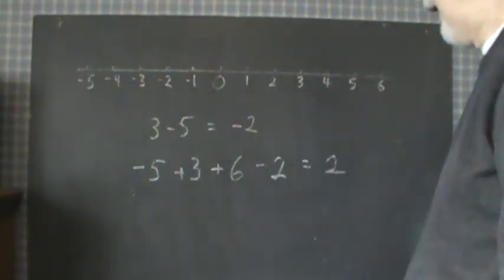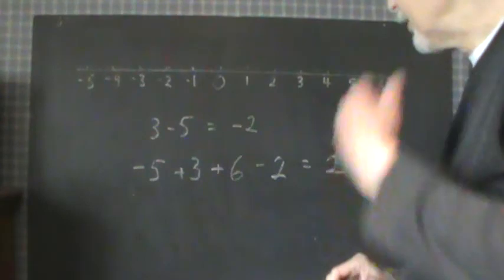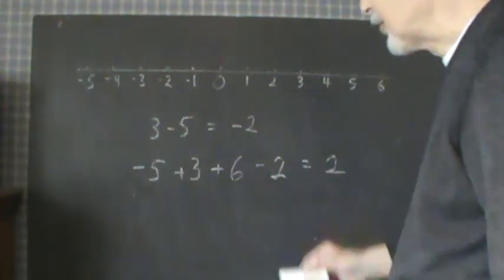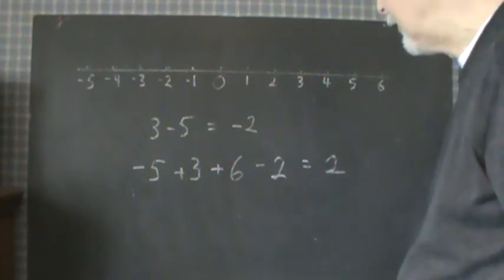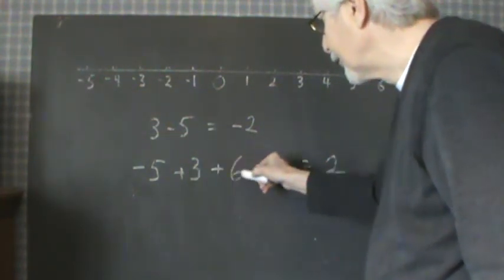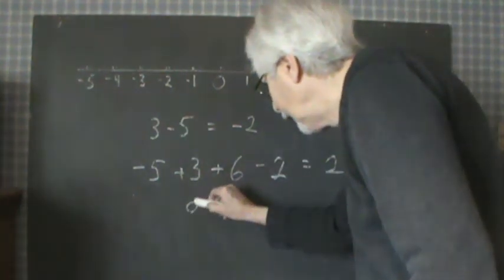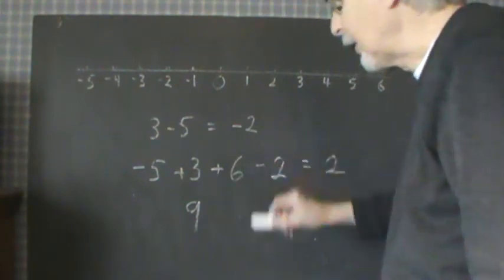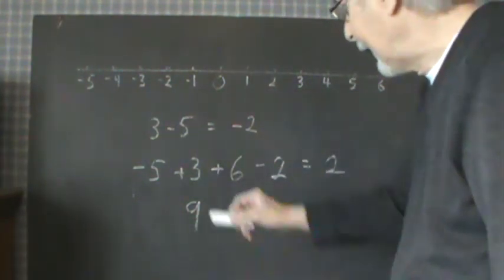One other thing I should mention here is if you're treating this as a game where you're winning and losing points, you could take the points where you won, 3 and 6, that's 9 points. Take the points where you lost, that's 7.